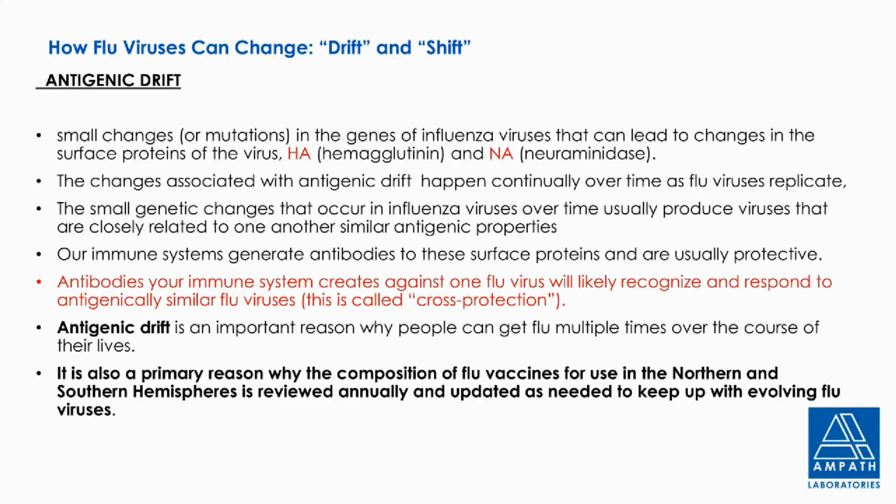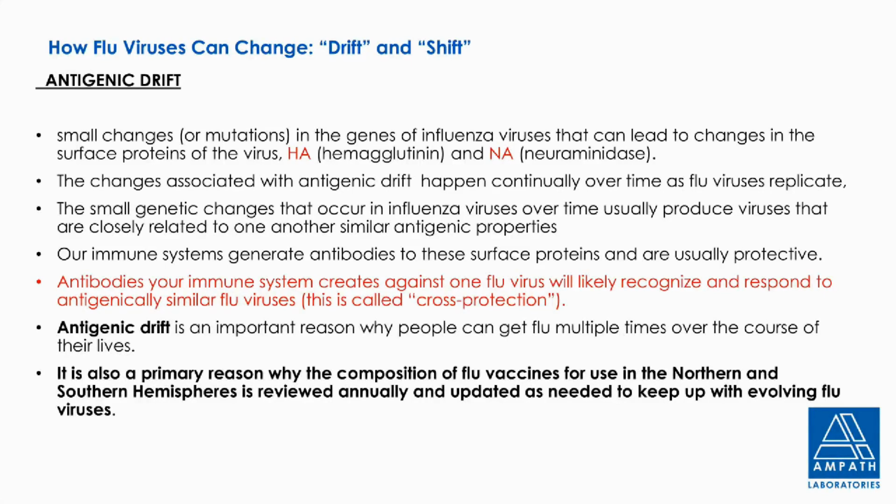The small, very small or minute genetic changes over time produce viruses that are closely related to one another because of their similar antigenic properties. So our immune systems generate antibodies to these surface proteins, and they usually are protective, they're neutralizing. So antibodies that your immune system creates against one flu virus will likely recognize and respond to a similar flu virus.